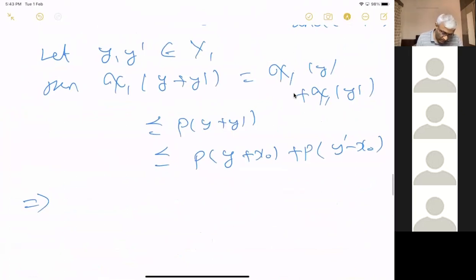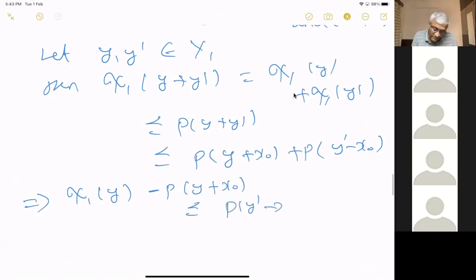Now this chi1 of y minus p of y plus x naught is less than or equal to p of y prime minus x naught minus chi1 of y prime, right? And this side y is there, this side y prime is there.